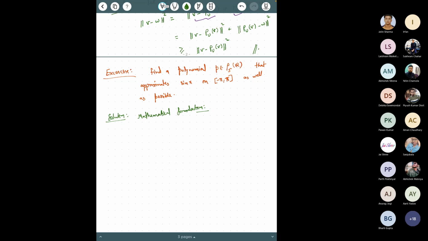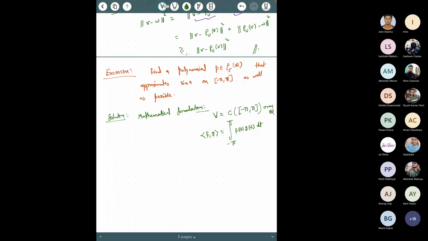So for example, depending on this problem, as you are suggesting, you can choose V as the space of continuous functions from the interval minus pi to pi to R. This is a vector space over R. And there is an inner product on this V, as you are suggesting, which is defined by this integration: the integral from minus pi to pi of f(t) g(t) dt.